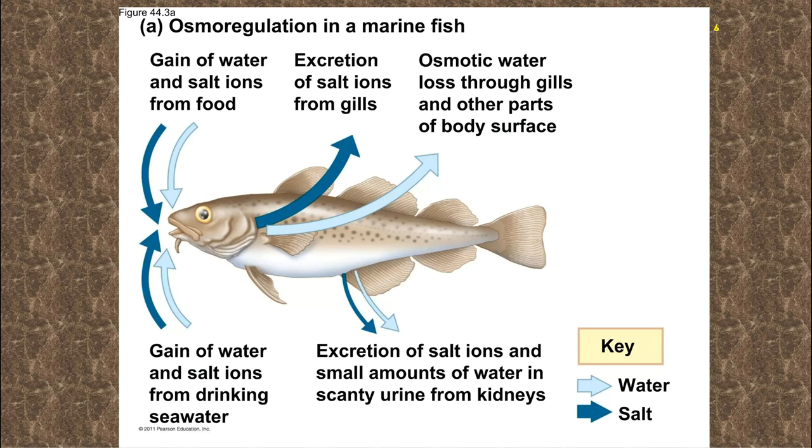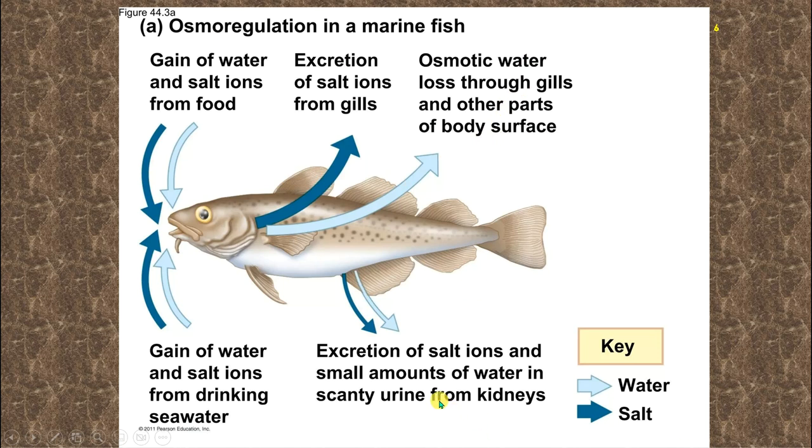For example, here is the photo of a marine fish, which gains water and salt ions from the food, and also gains water and salt ions from drinking salt water. So it always excretes the salt ions from the gills, and there is also osmotic water loss through gills and other parts of the body.